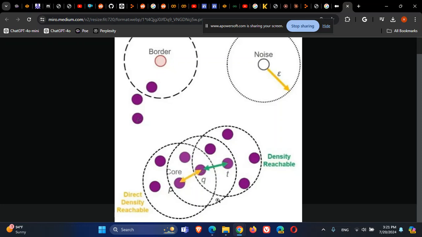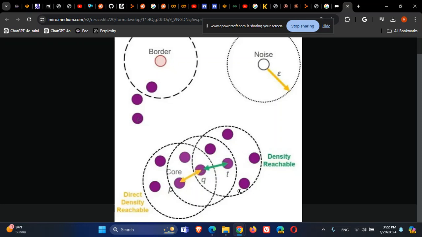So we are adding them up also, and we have a cluster built from all the points that are here. And that is the way we are expanding our cluster, starting with a core point and then another core point and then another core point. And if they are in the radius of epsilon from one another, we can add them up to form one cluster.